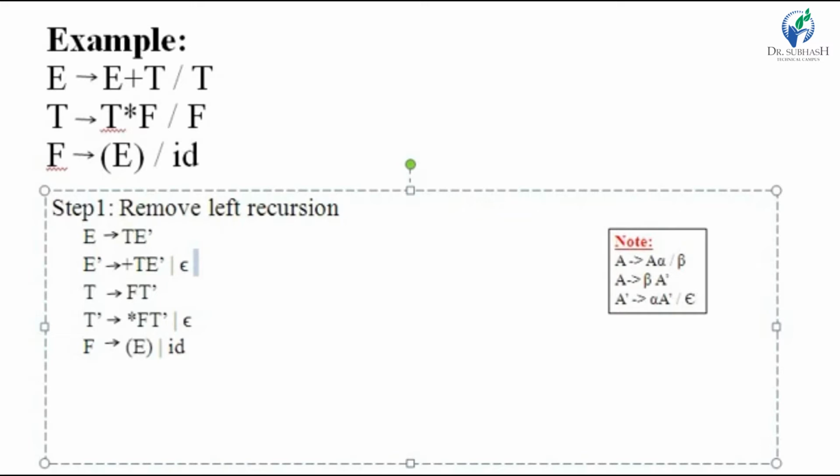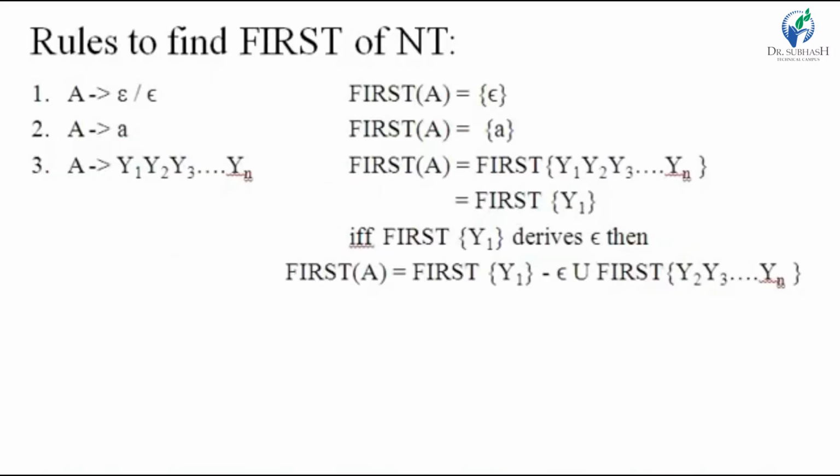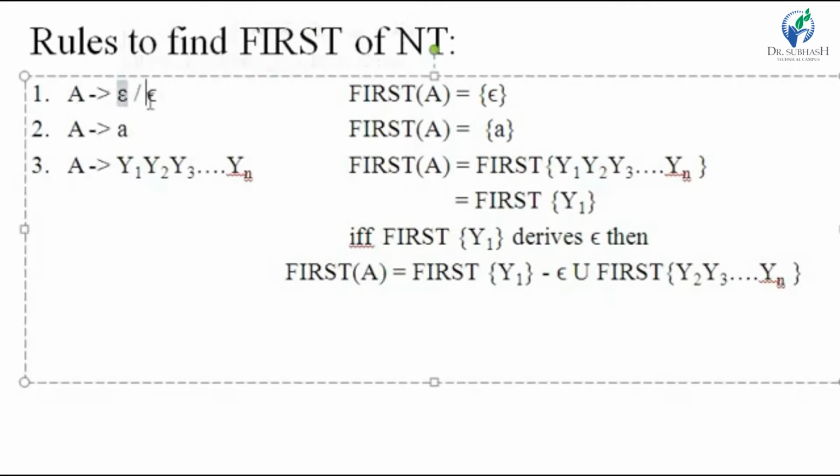So what is the rule to compute first and what is the rule to compute follow? The rules to find first of a non-terminal: if A gives epsilon, then first of A is equal to epsilon. If A gives a, then first of A is equal to a.